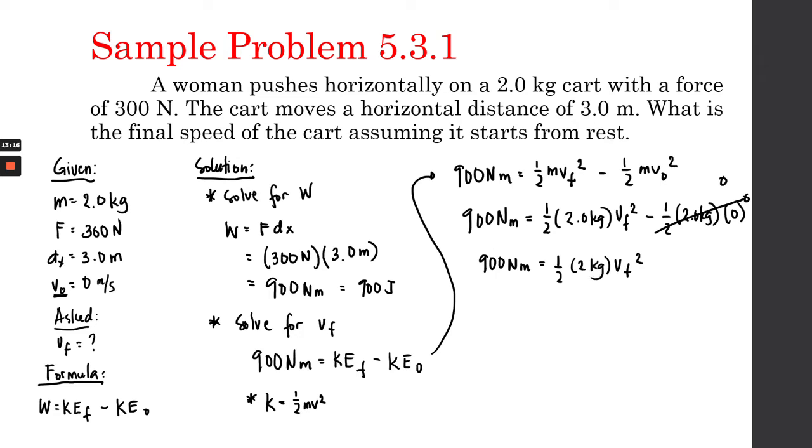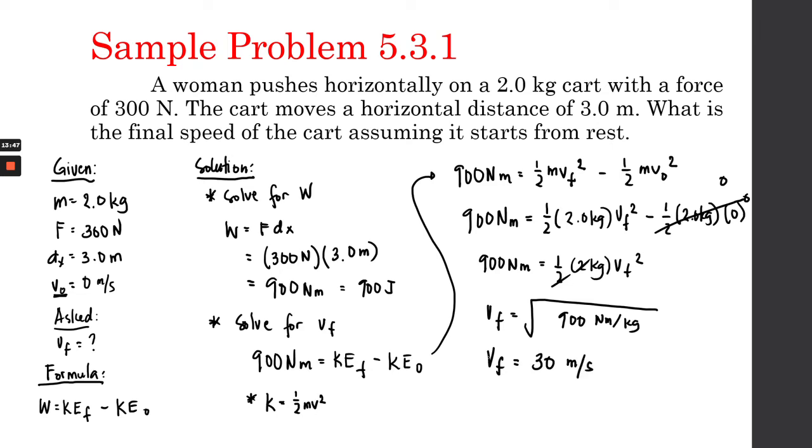What we're going to do is basically we can just cancel this, and what we're going to get is VF is equals to the square root of 900 Newton meter per kg, and that would actually give us a final velocity of 30 meters per second.